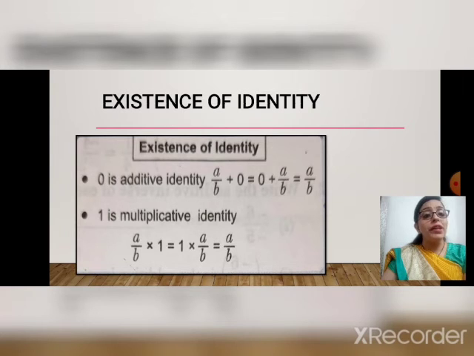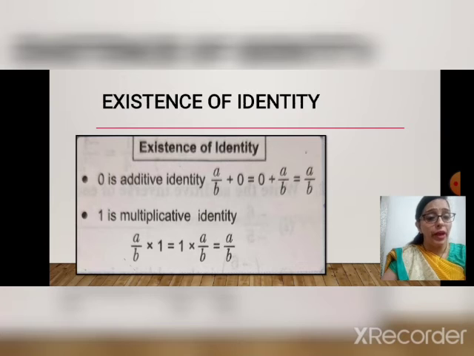Next, 1 is the multiplicative identity. When I multiply any number with 1, what comes? The number itself. So A/B into 1, or 1 into A/B, equals A/B.